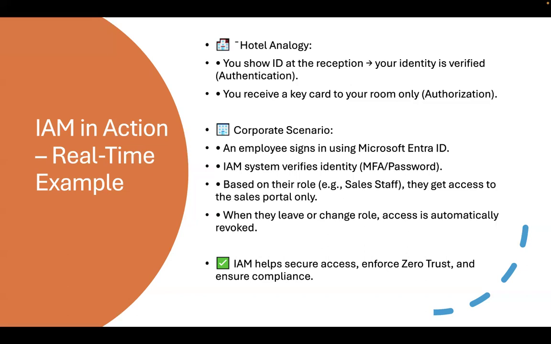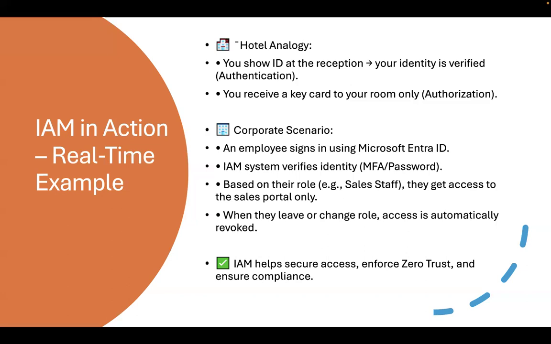And here is one more example on IAM. The hotel analogy. Once we check in at the hotel, at the reception they check the ID card, so your identity is verified there. That is nothing but authentication. You receive a key card to your room only.